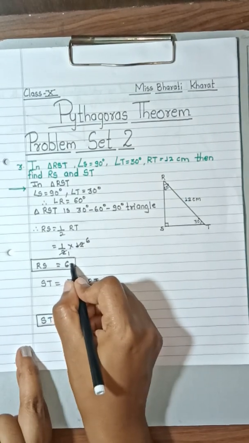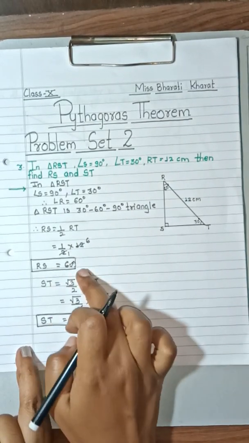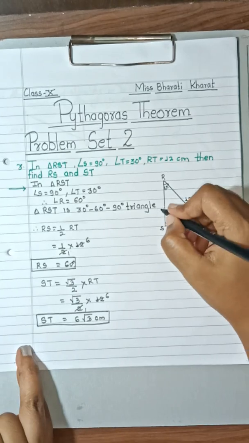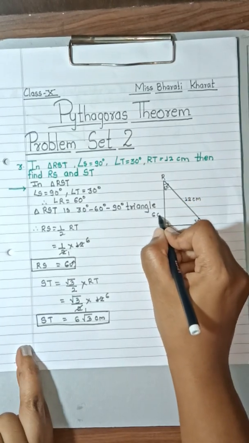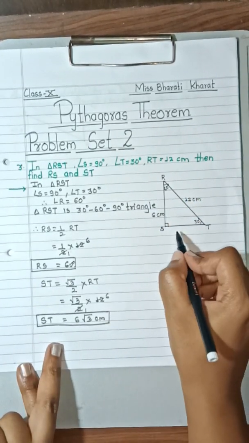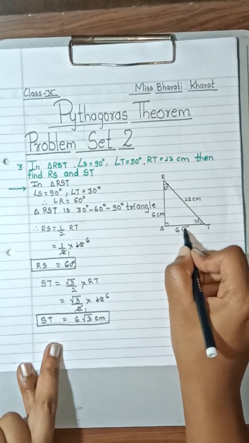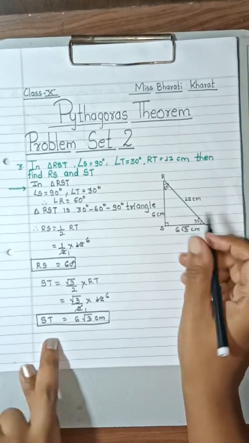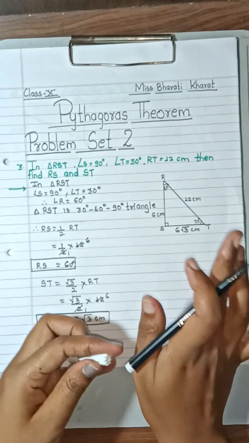Here also you can write centimeter. So RS is 6 centimeters and ST is 6 root 3 centimeters. In this way we have completed problem number 3.